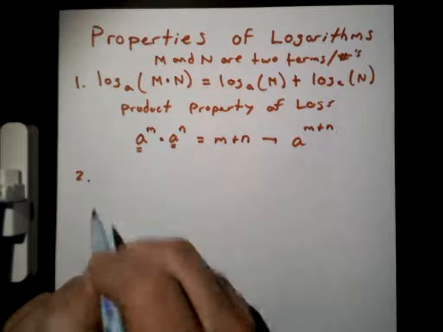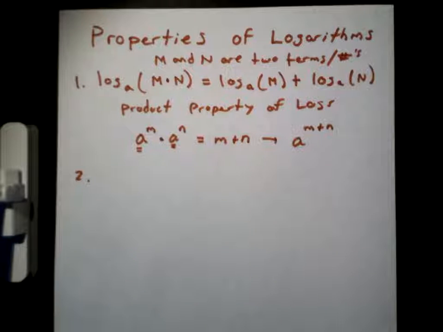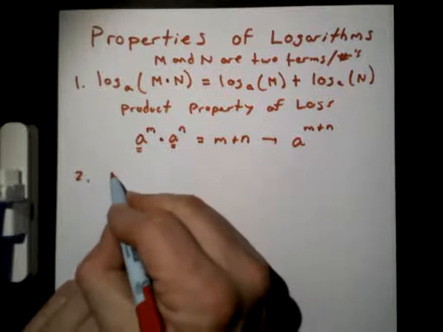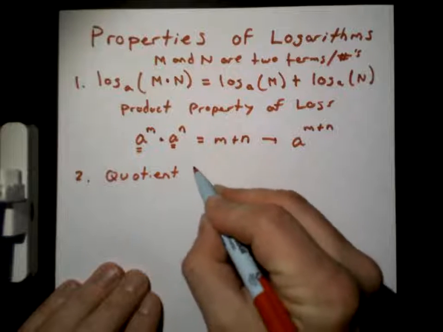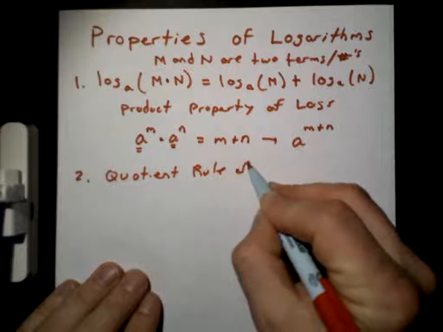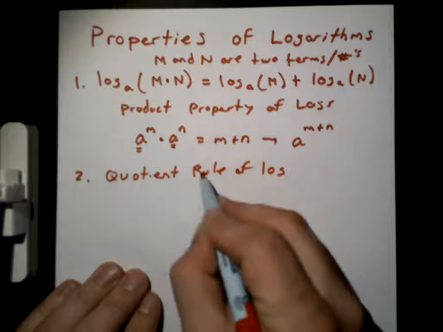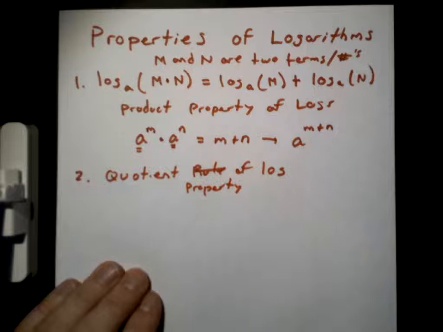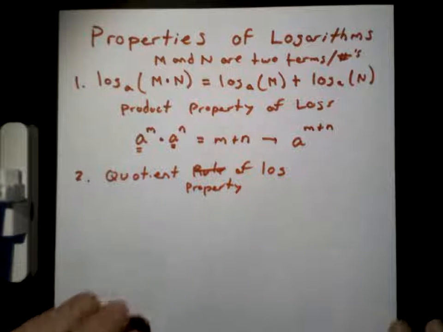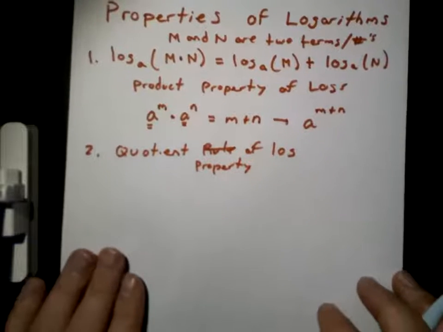Okay, property two. This is what we call the quotient rule of log, or maybe the quotient property, because it is a property. You can call it a rule if you like.